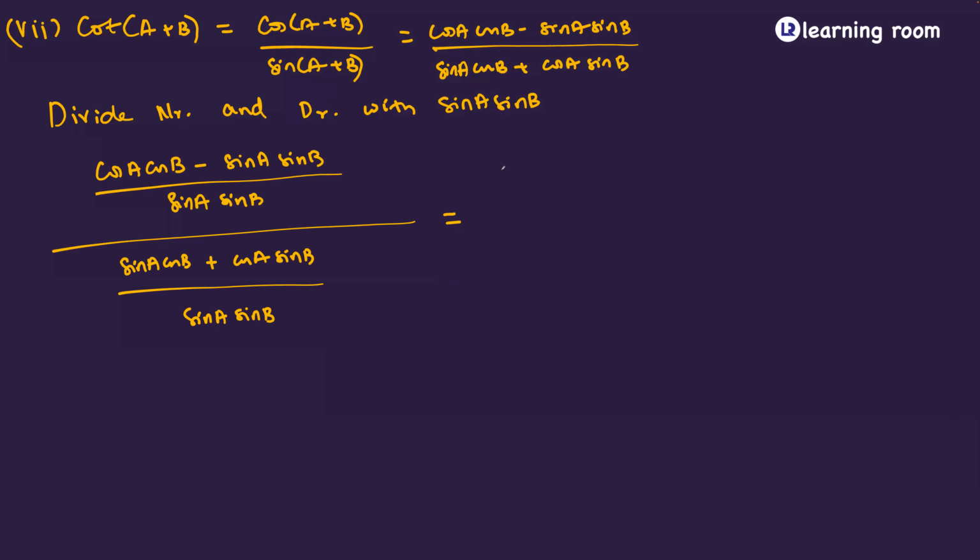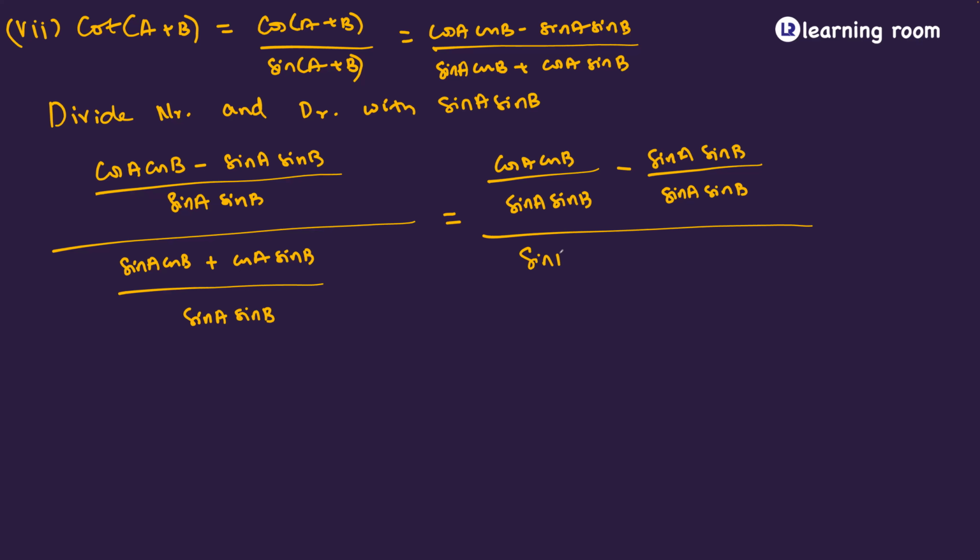So this will be equal to cos A cos B, the whole divided by sin A sin B minus sin A sin B, the whole divided by sin A sin B, divided by sin A cos B divided by sin A sin B plus cos A sin B divided by sin A sin B. Listen to this.